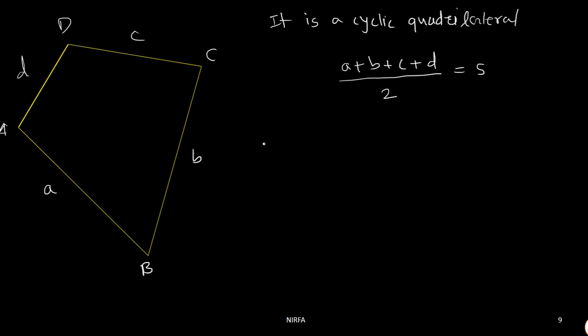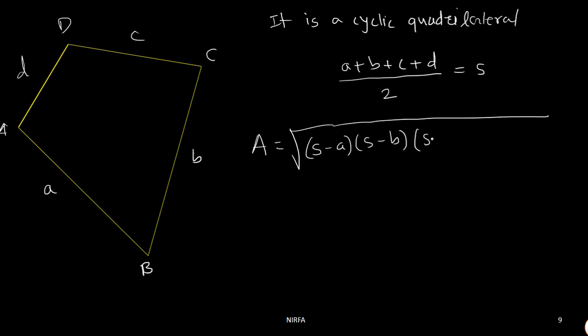Now, what is the formula of Brahmagupta? The area is equal to the square root of the semi-perimeter minus the first side, into semi-perimeter minus the second side, into semi-perimeter minus the third side, into semi-perimeter minus the fourth side.